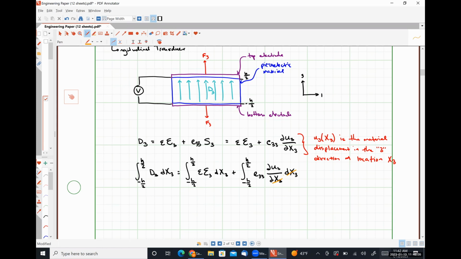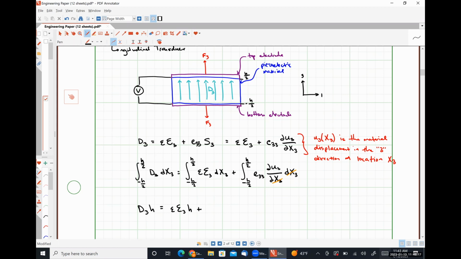So these two guys effectively cancel each other out, so we'll unpack that in a moment. But since our displacement vector is a constant across the thickness of the crystal, and our electric field is a constant across the thickness of the crystal, and our permittivity is a constant across the thickness of the crystal, these first integrals are effectively just multiplying by the thickness of the crystal, h, right? So we're going to have D3 times h will be equal to epsilon E3 times h.